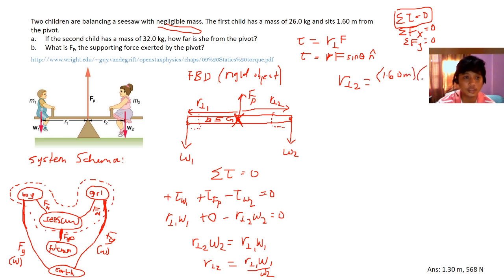Weight 1 is just 26 kilograms times 9.8. Remember that kilograms is not weight, that's mass, but we have to multiply it by g to make it weight. But it seems like it doesn't matter because 9.8 will just cancel out with the denominator.